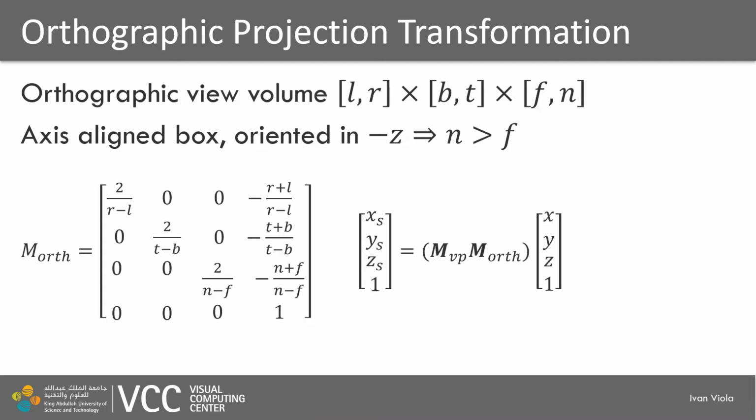Here is our orthographic projection transformation matrix, where we have the translation factors and the scaling factors. Now, this is a 4 by 4 matrix, which we can see here with the homogeneous coordinates.